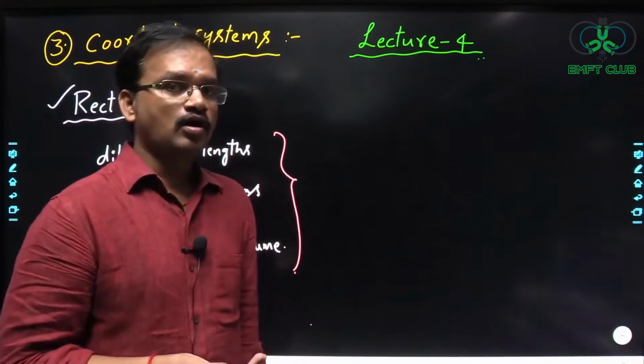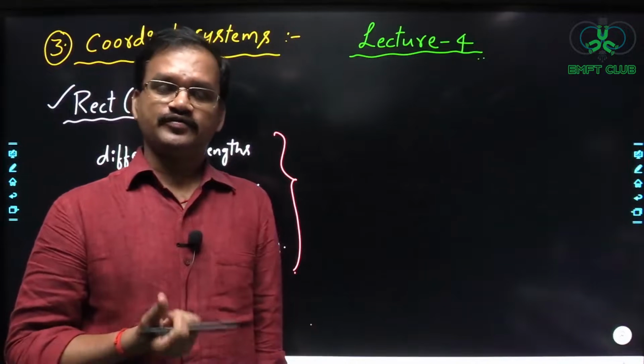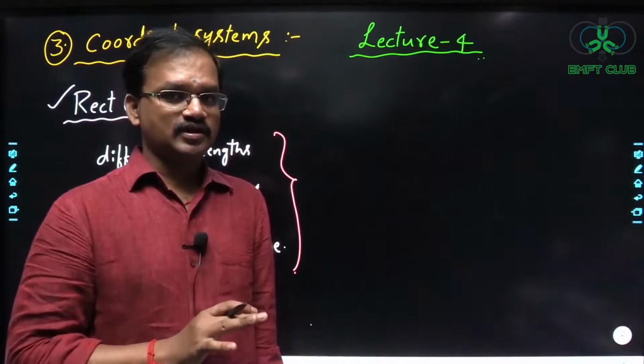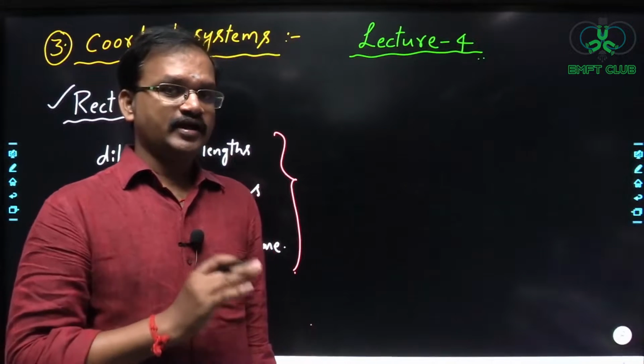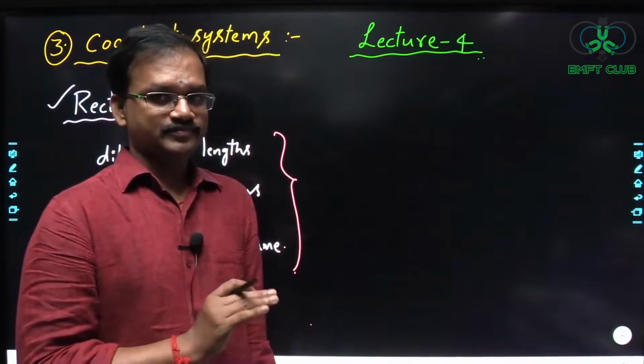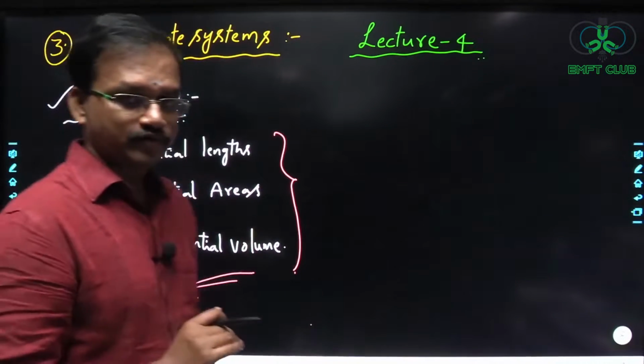So first of all, you have to get a deep understanding of these differential lengths, differential areas and differential volumes. Once you understand these things in a crystal clear manner, then as we proceed into the subject, you don't feel any difficulty. Understood? So these are going to form a strong foundation for you, right?